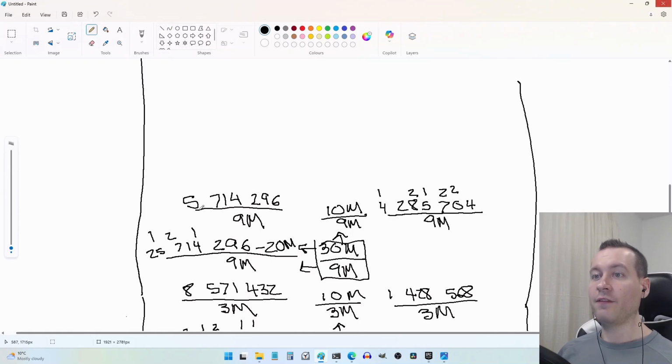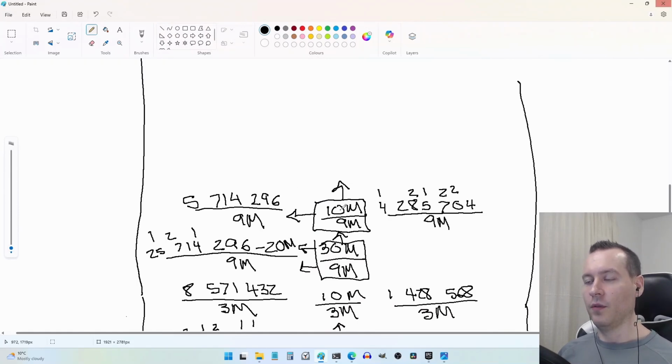Okay, so we have 5 million on the left and 4 million on the right. So left is greater. Let's split to the left, the greater side, and we'll split only half because 5 is not greater than double the right. So the next input will be half of this input, 5 million over 9 million instead of 10 million over 9 million.